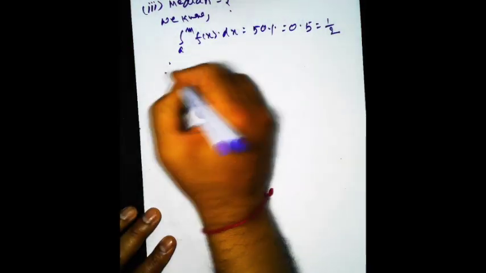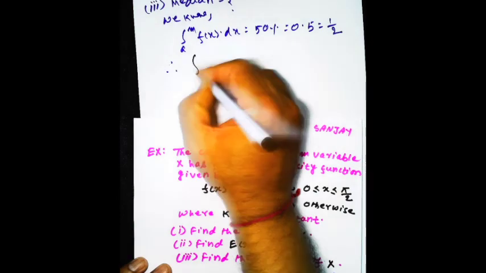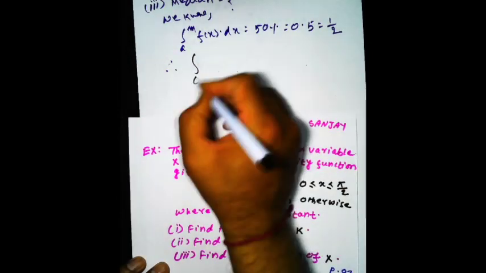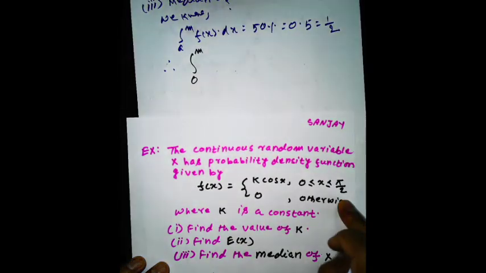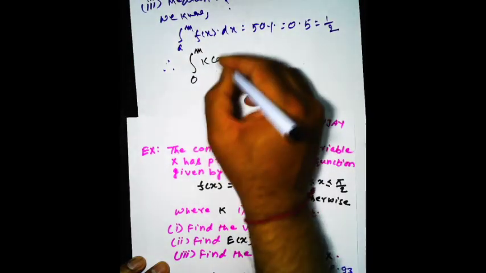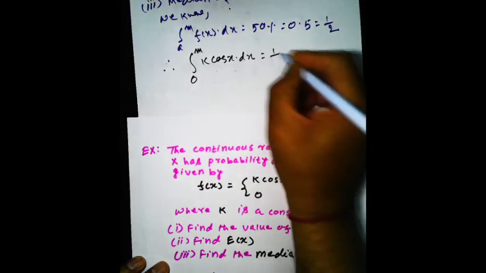So we start with f(x). f(x) is k times cos x. So take the sign of integration from 0 to pi by 2 here. It is 0 to, not pi by 2 now, it is 0 to m, the middle value of 0 and pi by 2. And f(x) is k times cos x dx, and that is going to equal half.